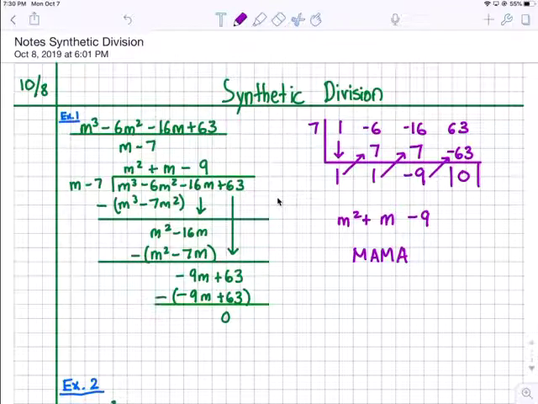MAMA just means you multiply and then you add. Multiply and then add. Multiply and then add. Just keep multiplying and adding until you're on your very last step, when you are on your very last coefficient.